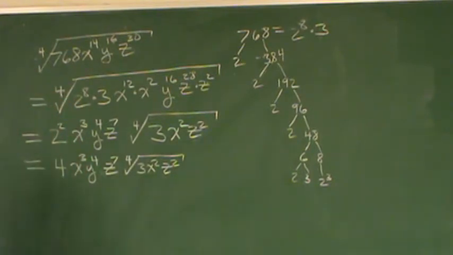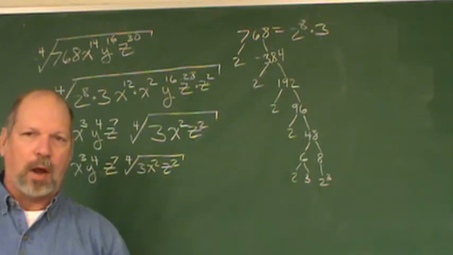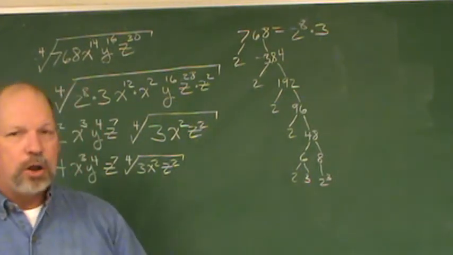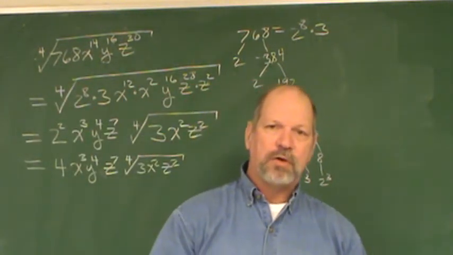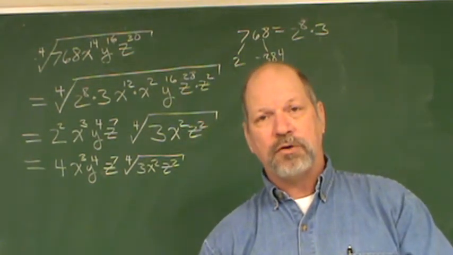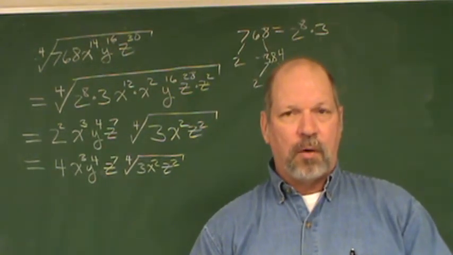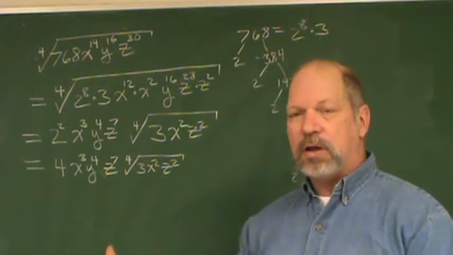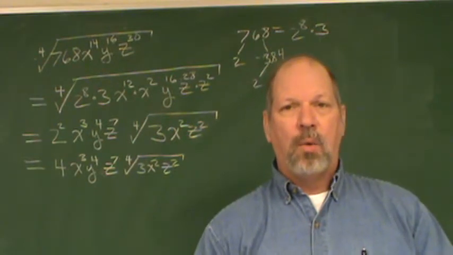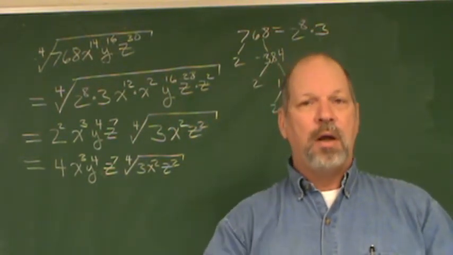And for me, on my exams and quizzes, we assume that all variables are positive. However, in the software, you don't have that assumption. In the software, sometimes they don't give you the words, assume all variables are positive. And if you don't have the words on your problem that say assume all variables are positive, you type this in, you're going to get a strike. Why? Because you have to take into account the things that could be negative.